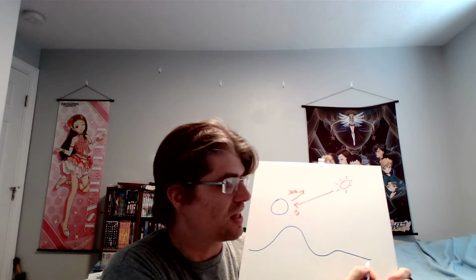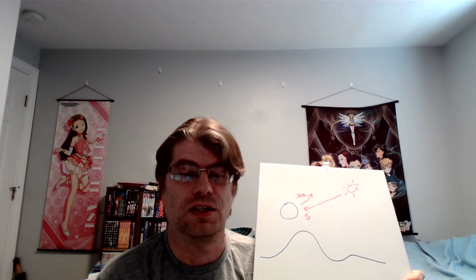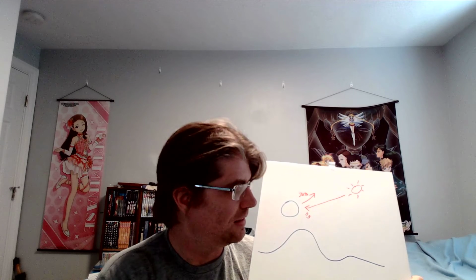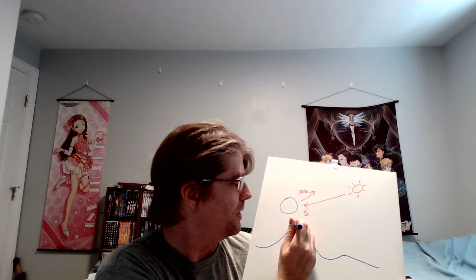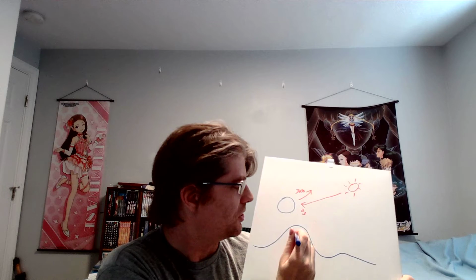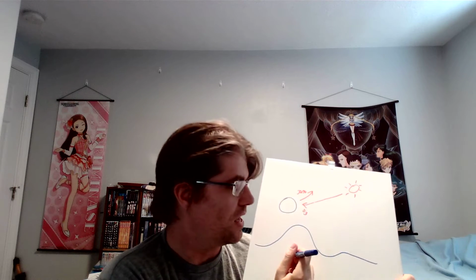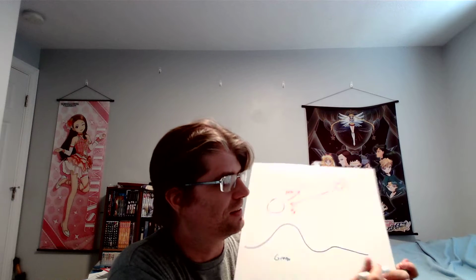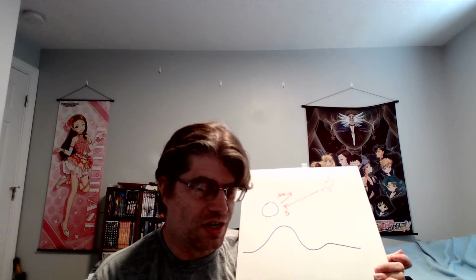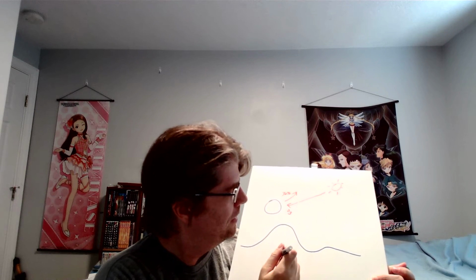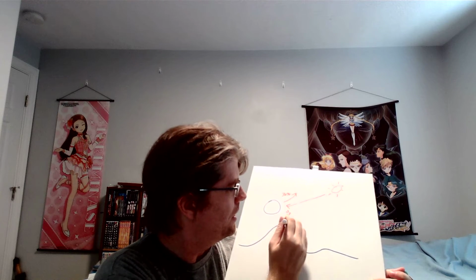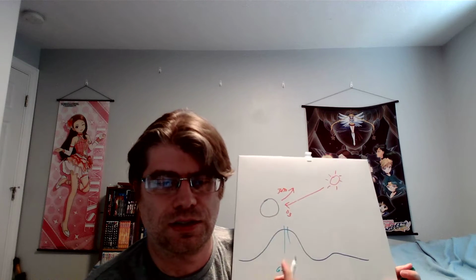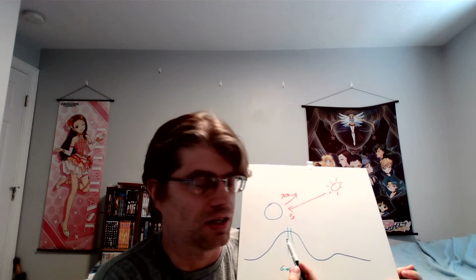And everything has a curve that it emits light at. And so the sun's emission curve looks like this. It peaks in green. In fact, I can use a green pen for that. It peaks in the green. That's the number one light emission that the sun gives.